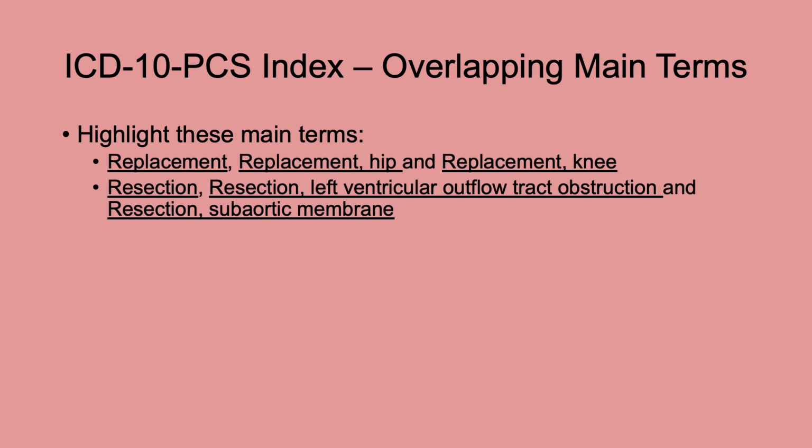For resection, there's resection by itself, and then resection left ventricular outflow tract obstruction, and resection subaortic membrane. So underline these, highlight these, and this will help you keep them straight. So you don't go to resection and go, well, where is subaortic membrane? Well, that has its own main term, and if you have that underlined or highlighted, you will find it much easier.